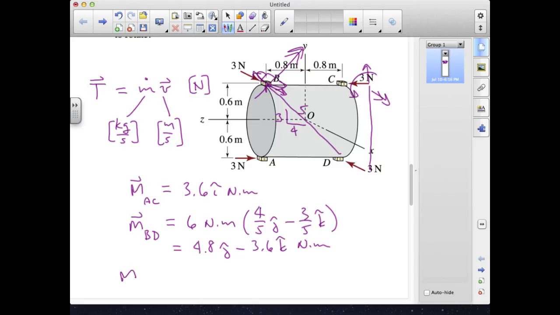The resultant moment is just the sum of these two contributions, and that ends up being 3.6 I plus 4.8 J minus 3.6 K Newton meters.